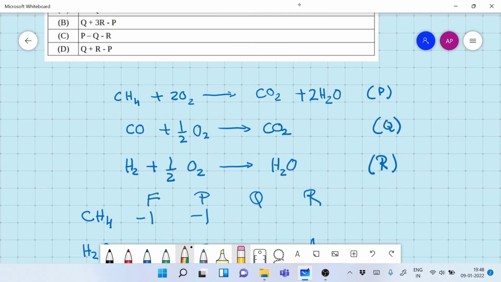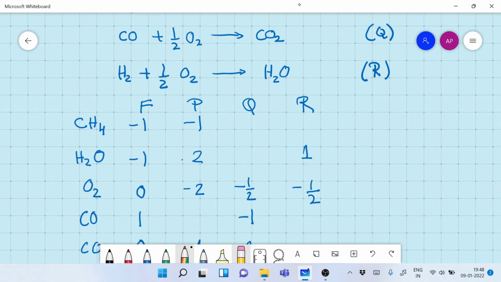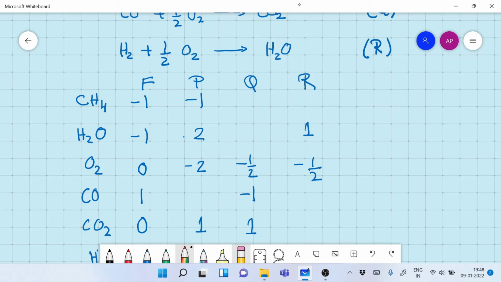Now let's take some other alternative. Let's take alternative B. Q plus 3R minus P, and apply it to oxygen. So Q is -1 by 2, plus 3R, that makes it 3 by 2, and that makes it plus 2. Now this is equal to 0. But hold on, we cannot take this as the confirmation.